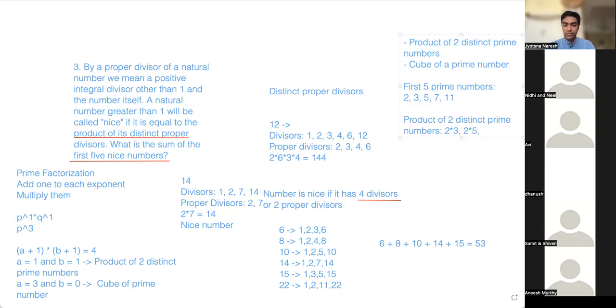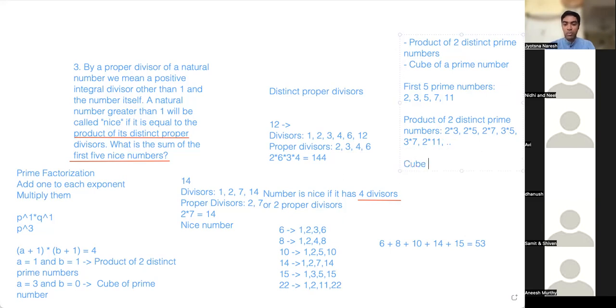What else? 2 times 7. Good. And then 3 times 5. What's next? 2 times 11. And 3 times 7 is actually smaller. So 3 times 7, then 2 times 11. Okay, we can stop there. So that's the product of 2 prime numbers.